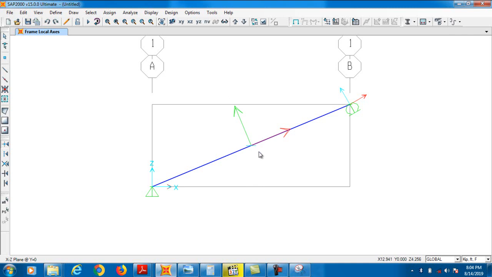If I apply my loading parallel to my z axis, the load will be perpendicular to the screen of my laptop. Similarly, if I apply the loading parallel with the x axis, the loading will be parallel with the line element. The only way is my y axis, because my y axis is perpendicular with the line element. So when I am assigning the load to this line element and I select the y option, my load will be perpendicular to this line element.